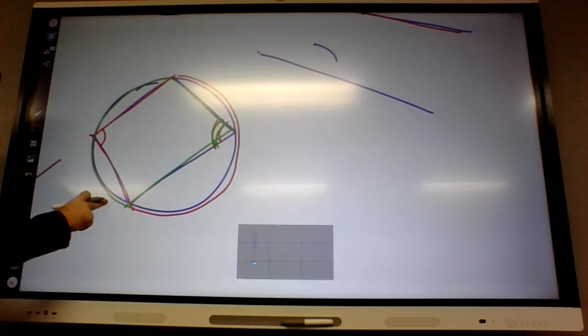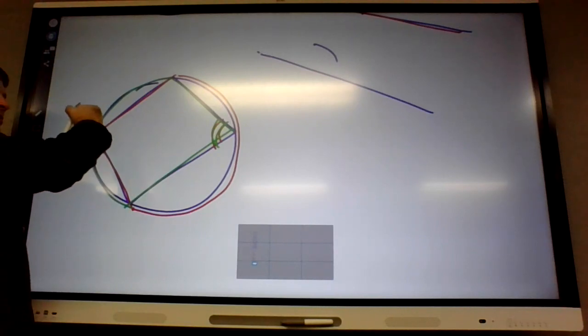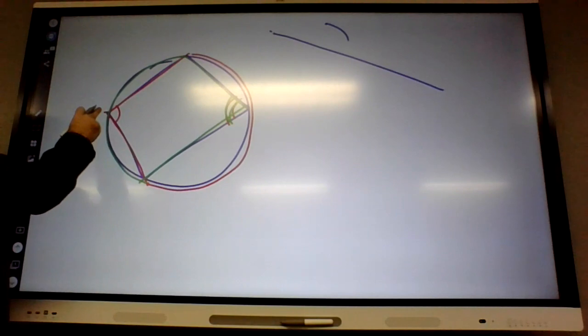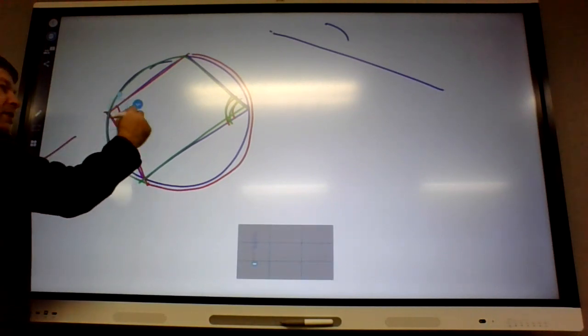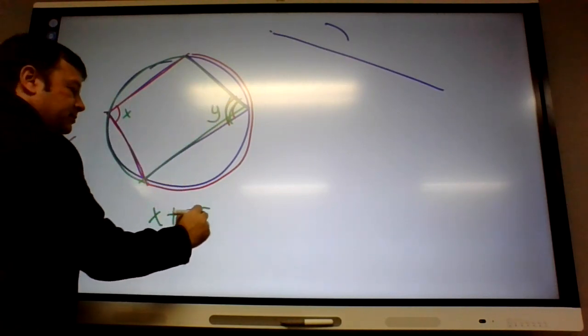So what does that mean? Well, together they have to equal half of, what's an entire circle? 360. So together this angle, I'll call it angle X, and angle Y, have to add up to 180. They have to be supplementary.